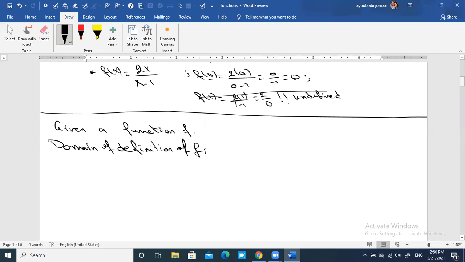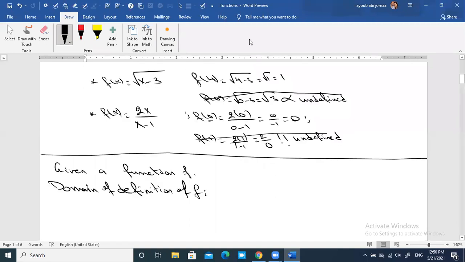What is it? What do you think? Yes. What is the domain of f of x equal radical x minus 3?